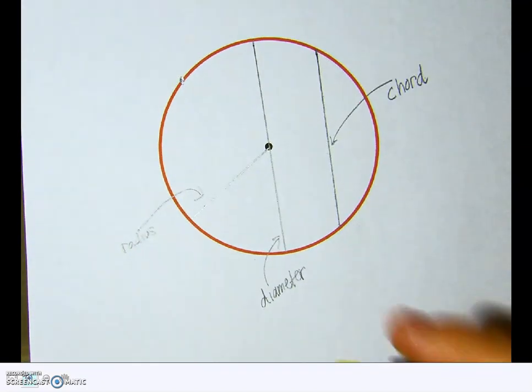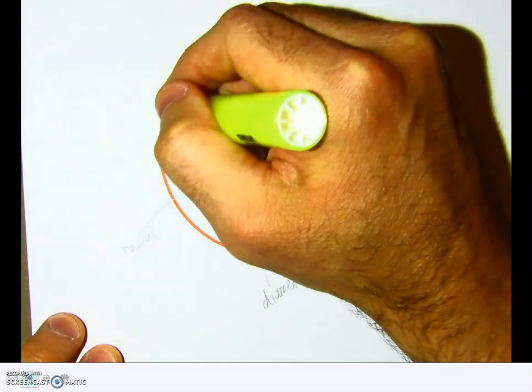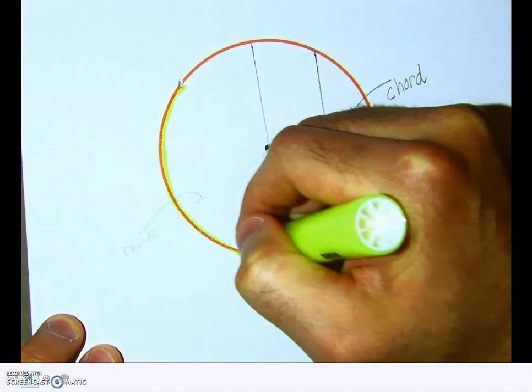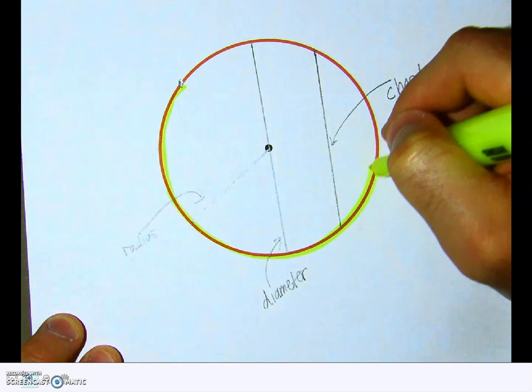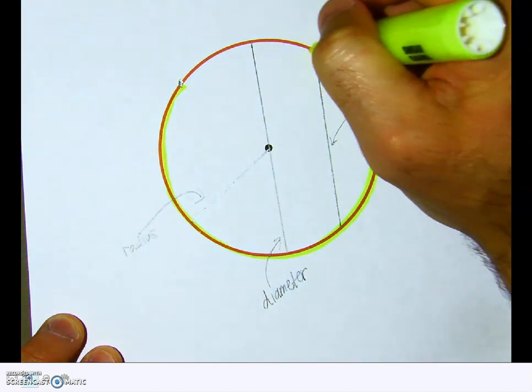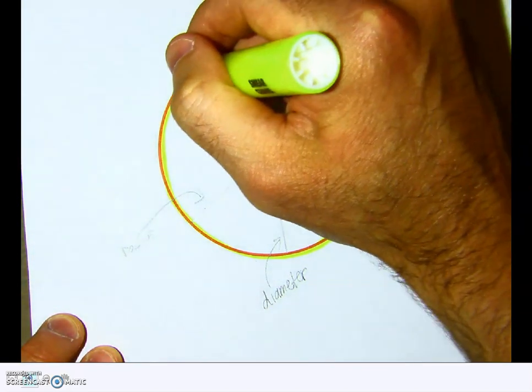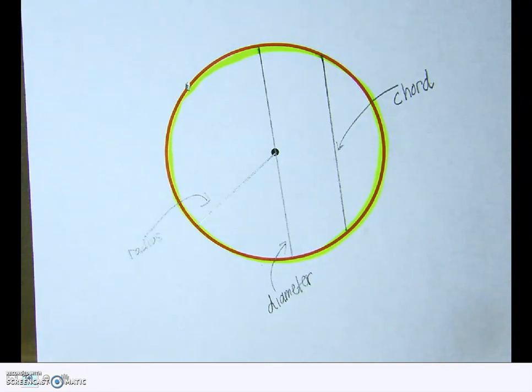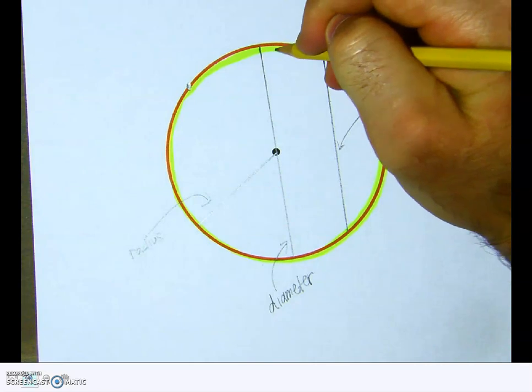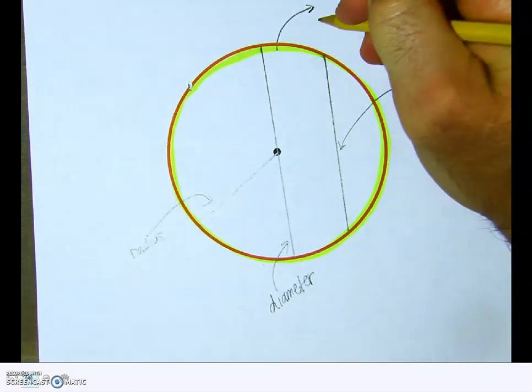So let me highlight it first. The distance all the way around, starting at some point and ending at the exact same point. So everything that you see in yellow right there, that distance around has a name, and it's called the circumference.